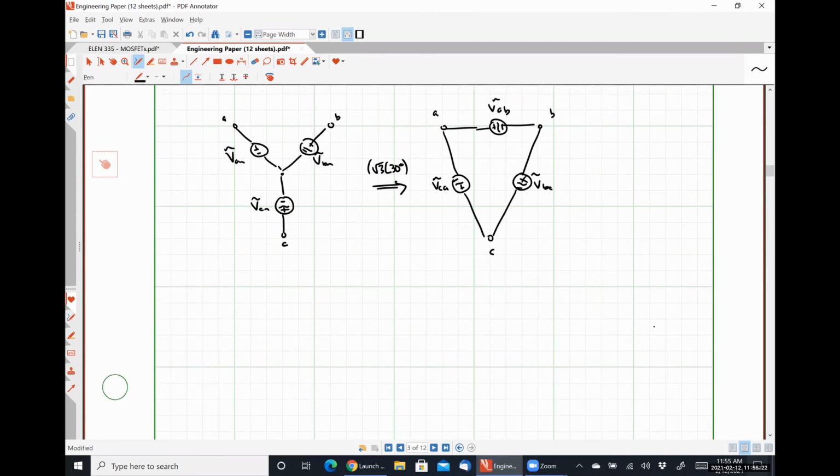So when we go from Y to delta, we multiply by square root of 3 angle 30. When we go from delta to Y, we multiply by 1 over root 3 angle negative 30 degrees. And we now know how to transform our balanced sources from delta to Y and Y to delta, based on that very simple relationship we stumbled upon working the last example problem.